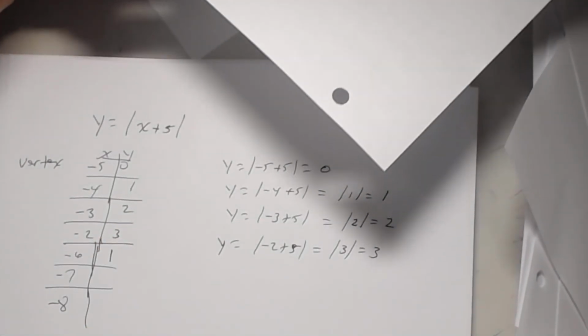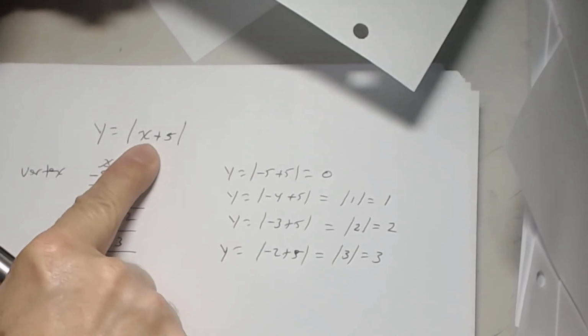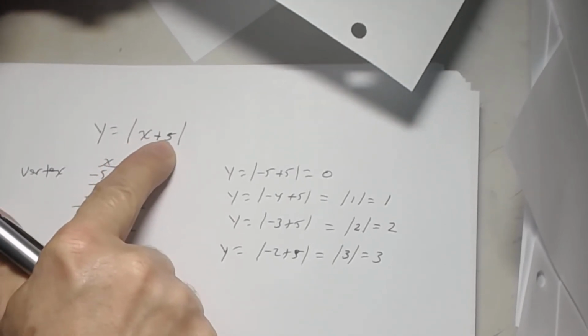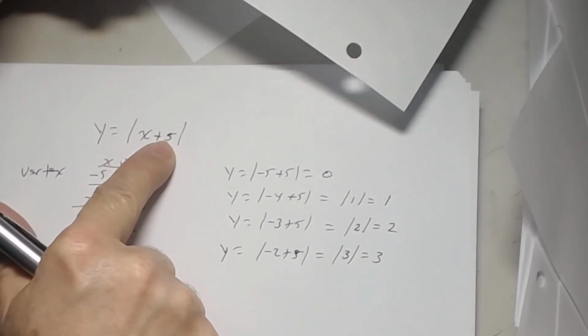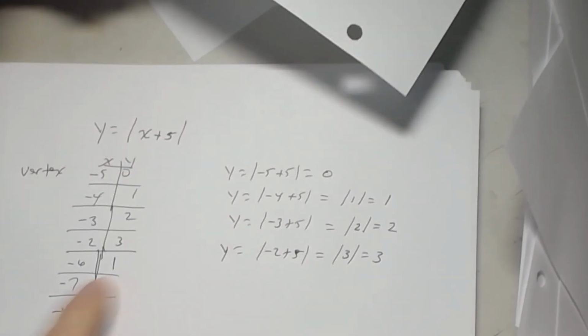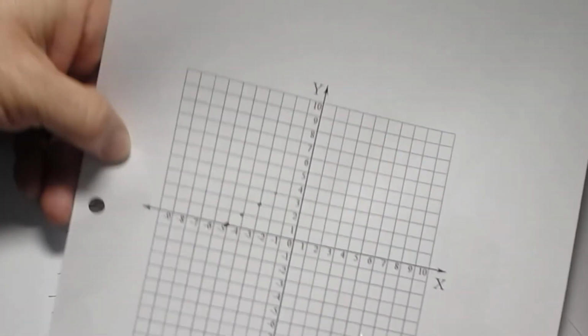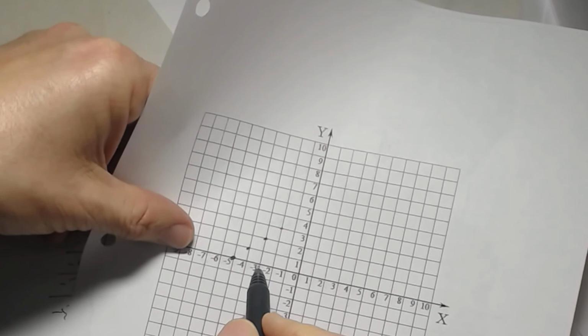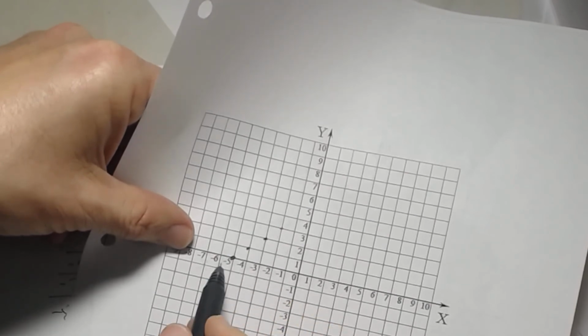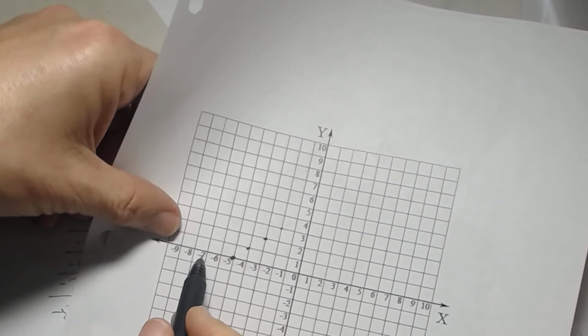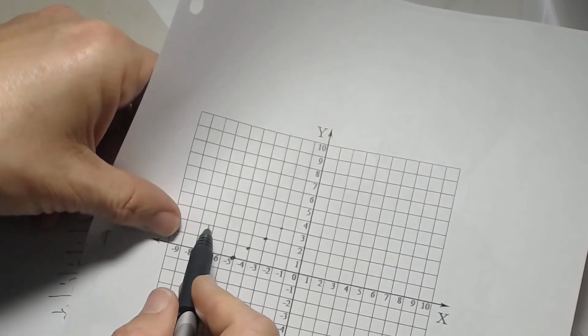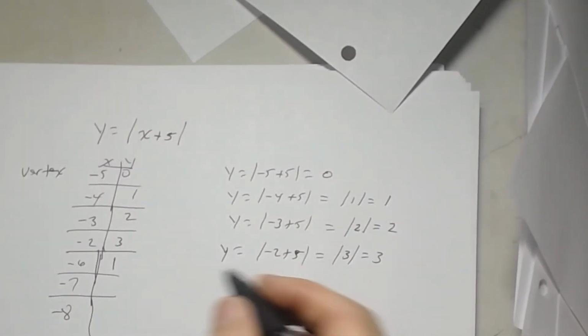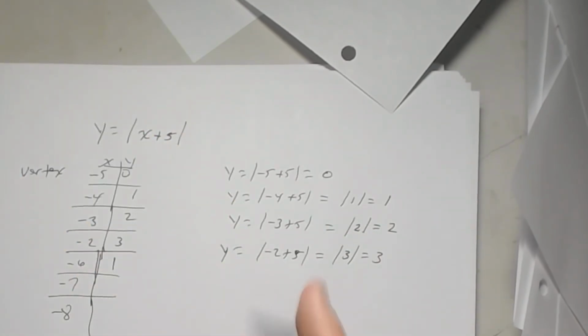Now, if you need to double check, go just up here and write it. Say -6 plus 5 is what? -1. Absolute value of -1 is what? +1. So when I went 2 units to the right, I got my y value to be 2. When I go 2 units to the left, which is x equal -7, my y value is also what? 2.